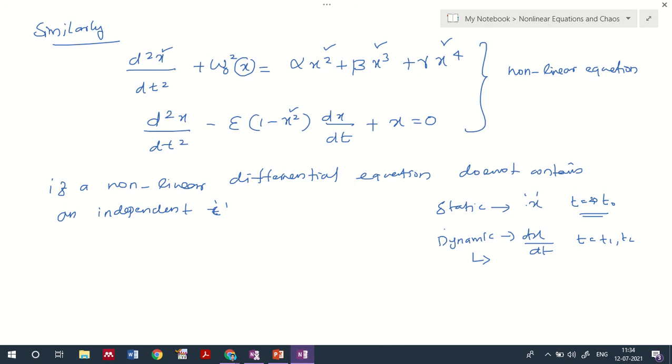Okay, so in a static system, we can say that it is independent of time.